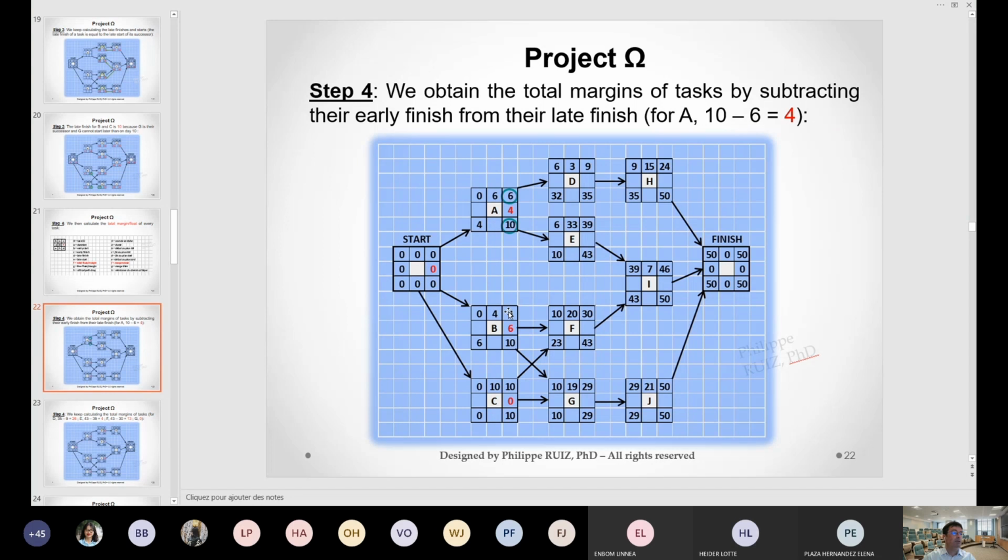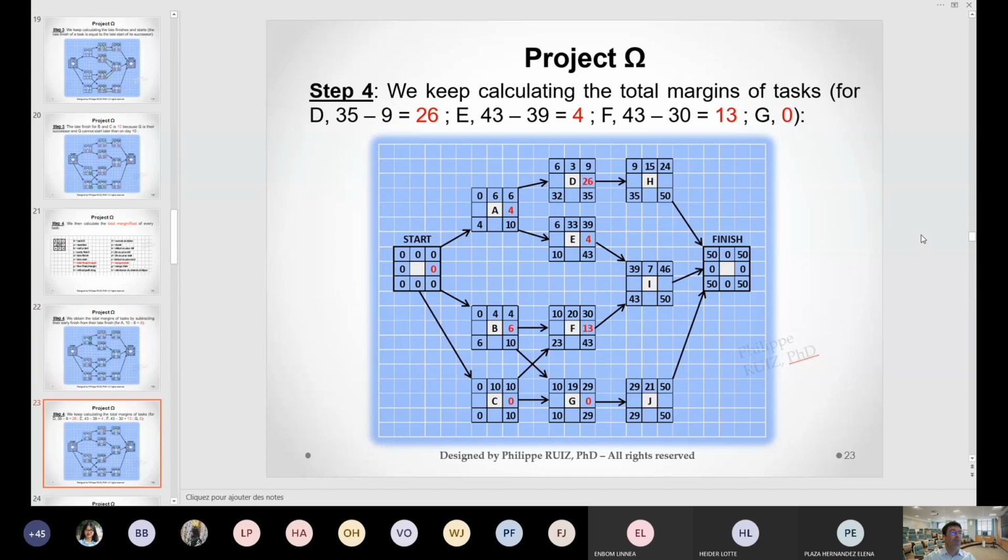Same here. I'm going to subtract 4 from 10. So 10 minus 4 is 6. I subtract the early finish from the late finish. And 10 minus 10 is 0. I'm going to keep going like this. So 35 minus 9 is 26. 43 minus 39 is 4. 43 minus 13, and I move on. For every single task, I do that.